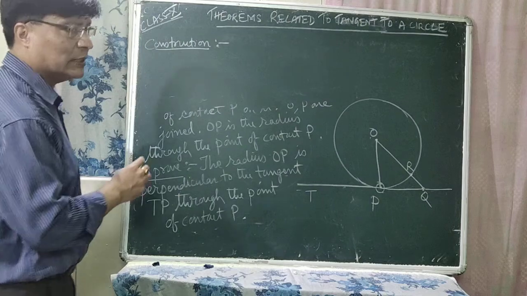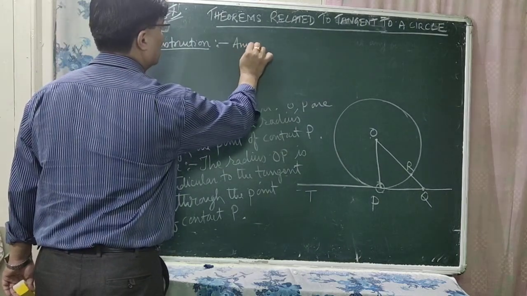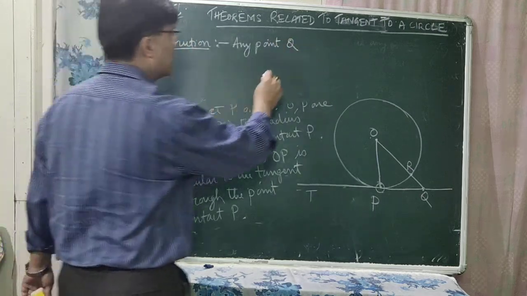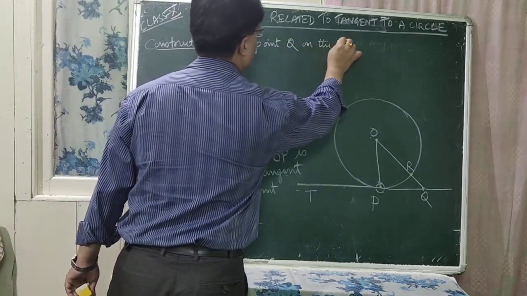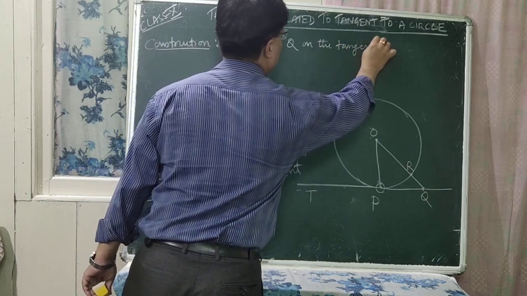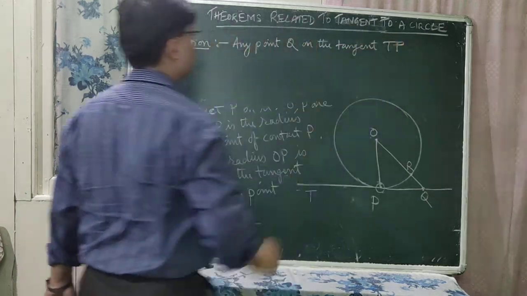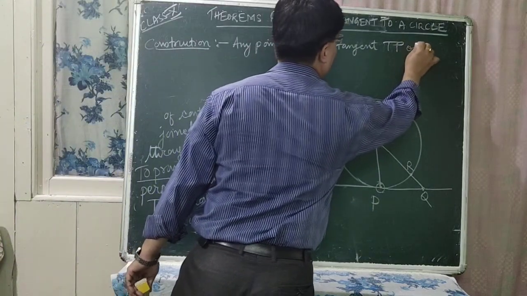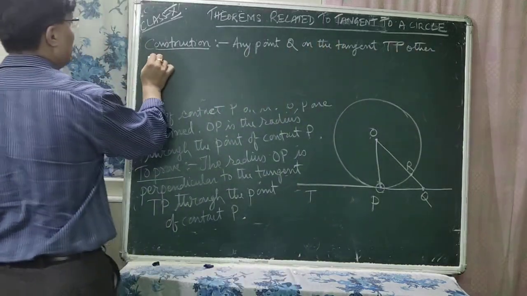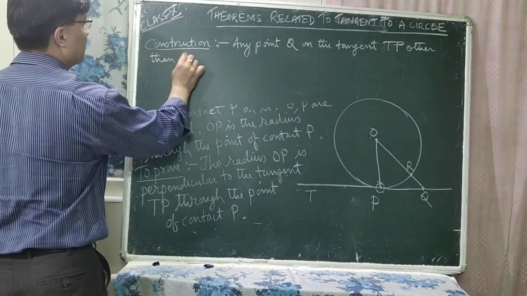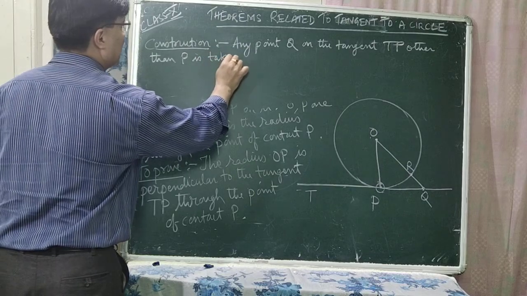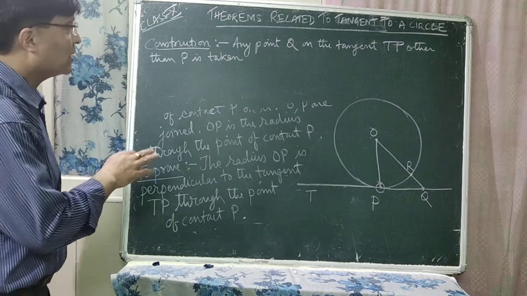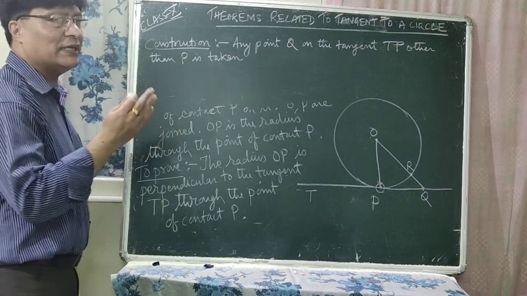So what is the construction here? Any point Q on the tangent TP other than P is taken.